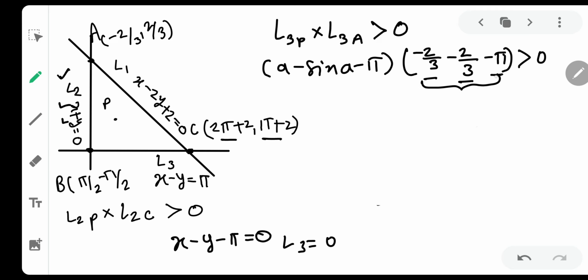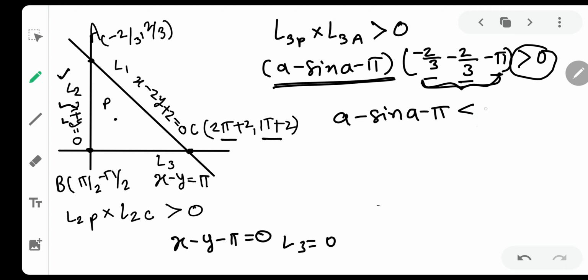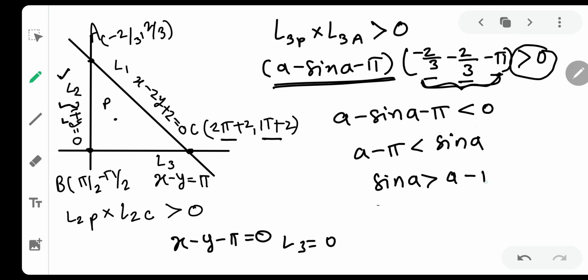So this bracket is going to be negative. Now for the final answer to be positive, the product of two things should be positive and one of them is negative. That means the second thing has to be negative. It means that A minus sin A minus pi has to be negative. So that means A minus pi should be less than sin A. It means that sin A should always be greater than A minus pi.